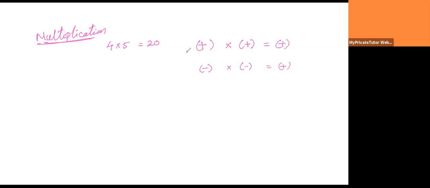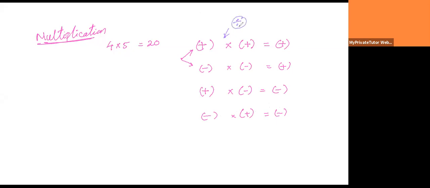So which means if the sign of both numbers is the same, it may be plus, it can be minus, in that case, the answer will be positive. But if you have one positive and one negative, or one negative and one positive, we'll get the answer as negative. So these are the basic things you just need to remember in multiplication. Not only in multiplication, even in division, the same thing works. So you can consider this as addition, multiplication or division.